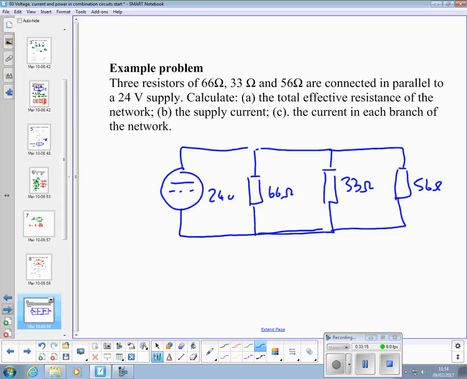Calculate A, the total effective resistance of the network, B, the supply current, and C, the current in each branch.